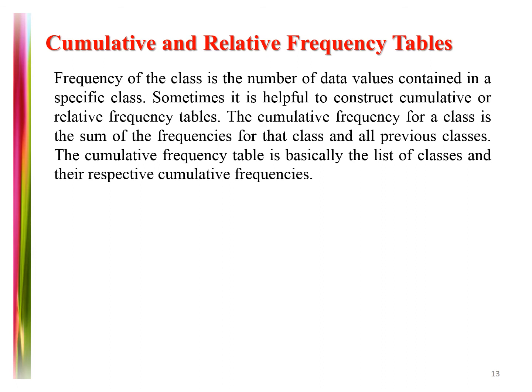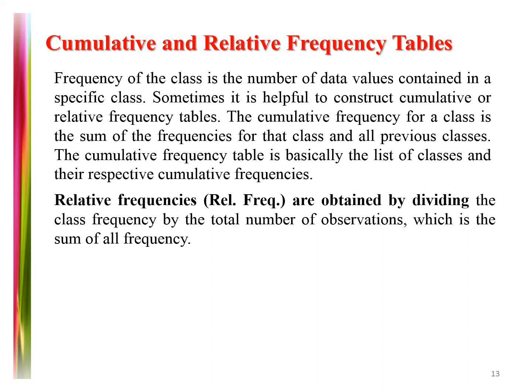The cumulative frequency table is basically the list of classes and their respective cumulative frequencies. Similarly, relative frequencies are obtained by dividing the class frequency by the total number of observations, which is the sum of all frequencies.